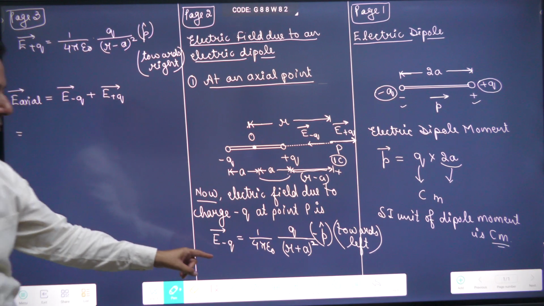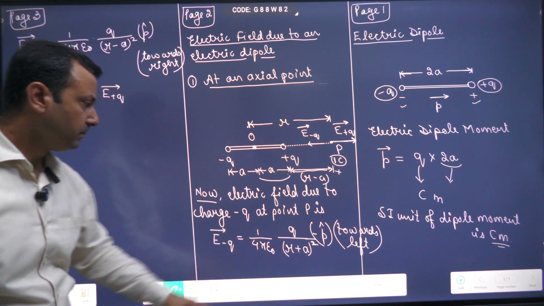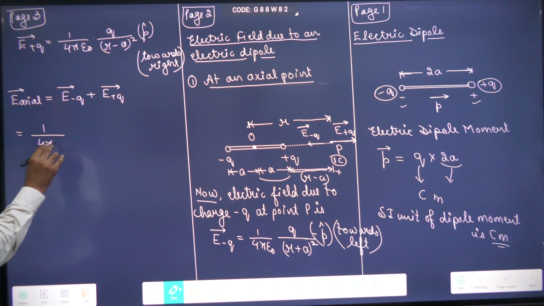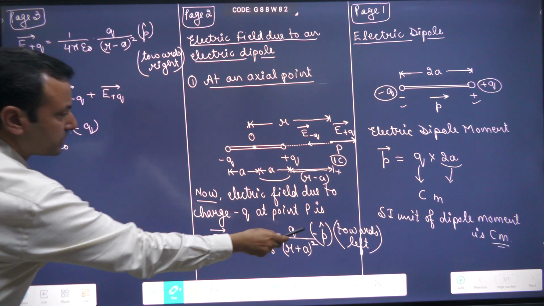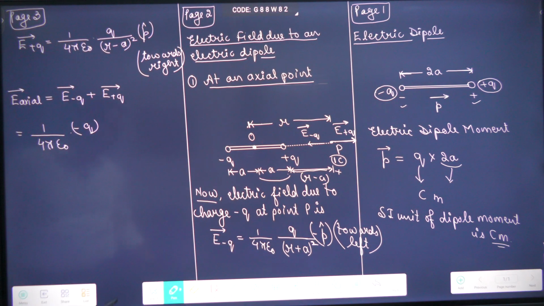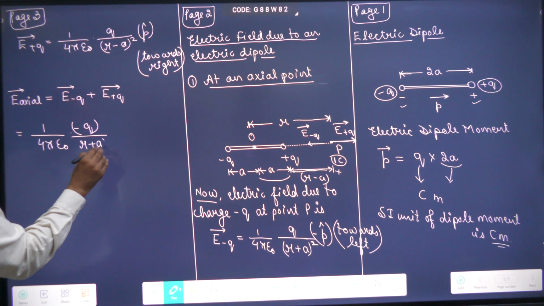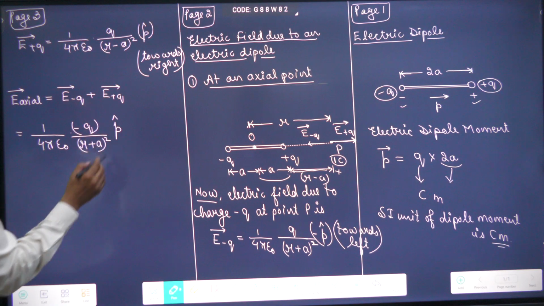What is E minus Q? It is 1 upon 4 pi epsilon naught, minus Q upon (R plus A) whole square, P cap.